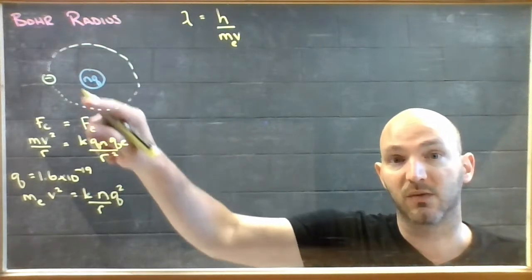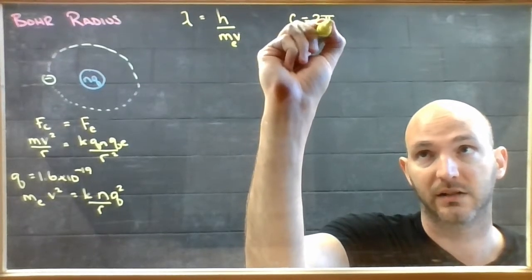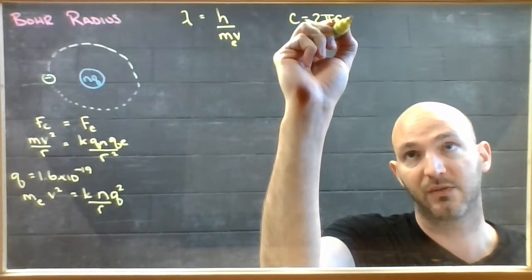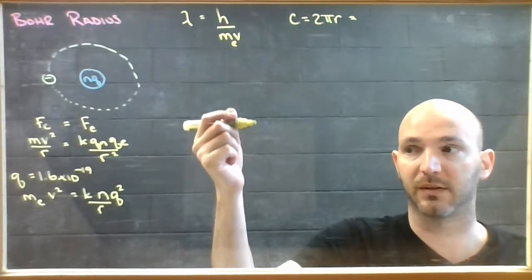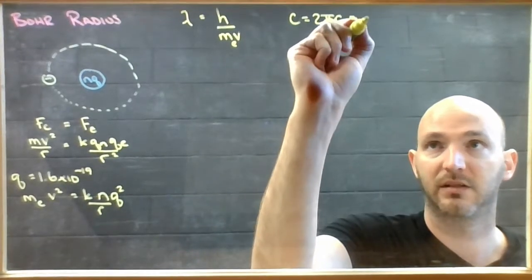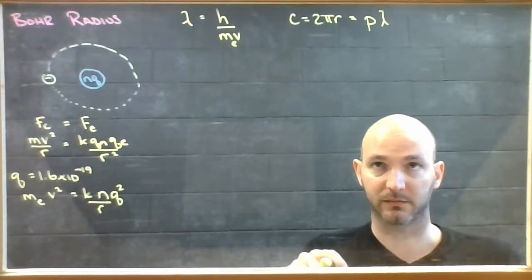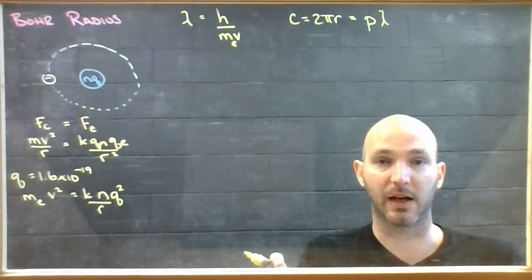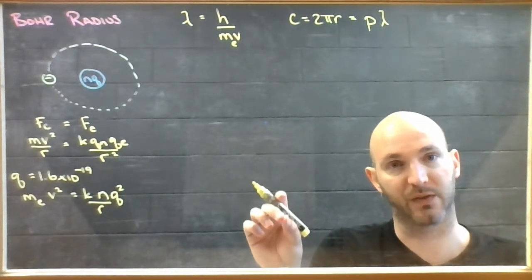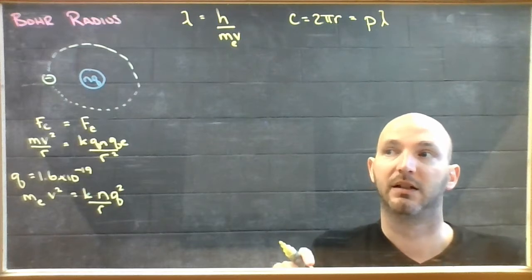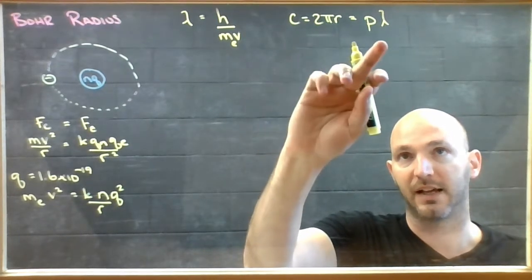So this orbit here, the circumference 2 pi r, has to be equal to some number. So I'm going to use a p, some number of the wavelength. Otherwise, the electron doesn't fit quite right, and it starts to interfere with itself. So this circumference here has to be that.